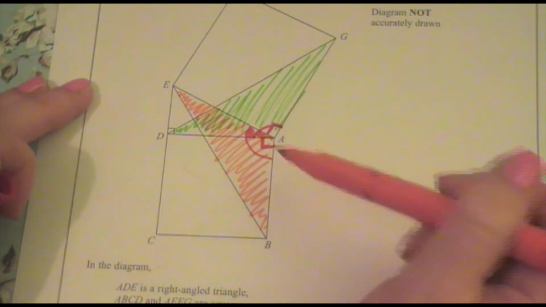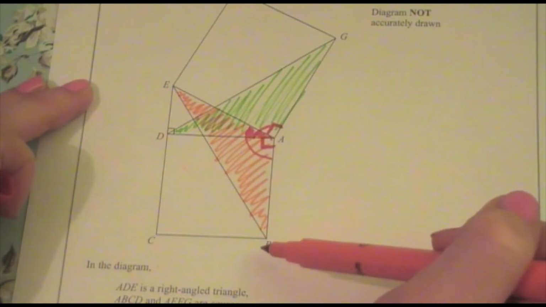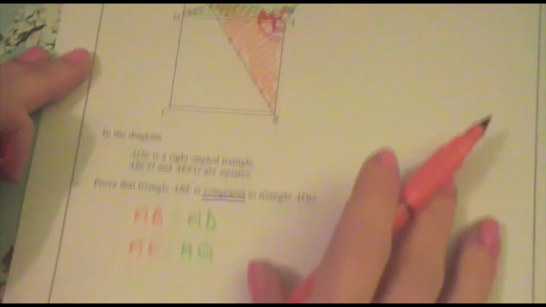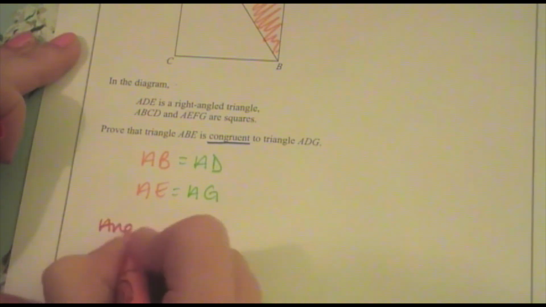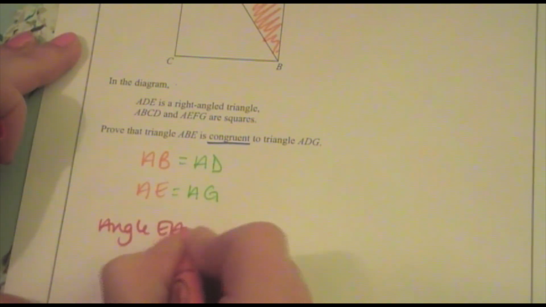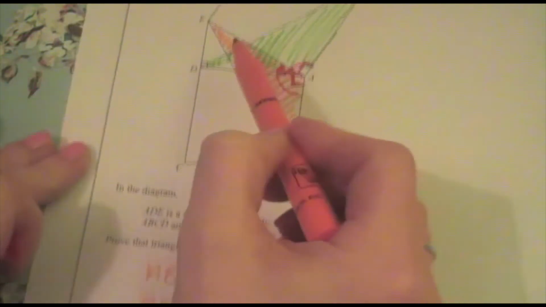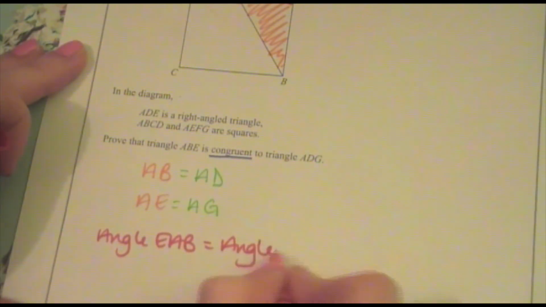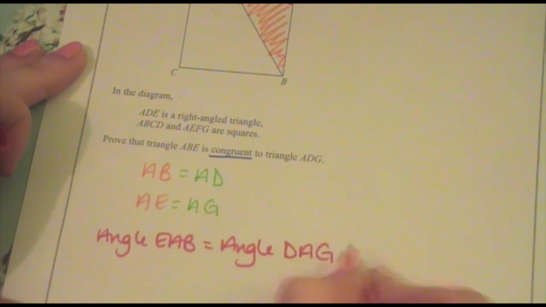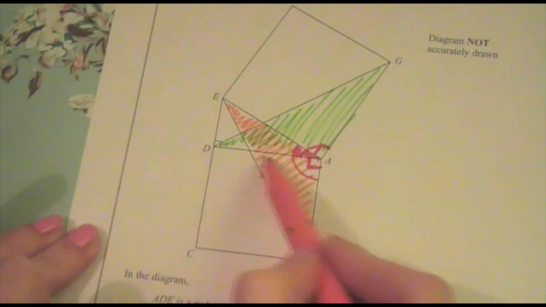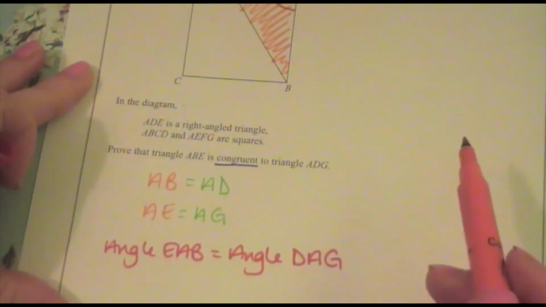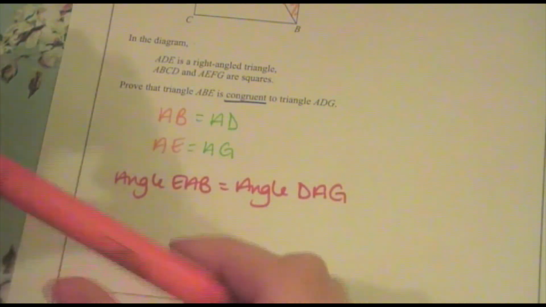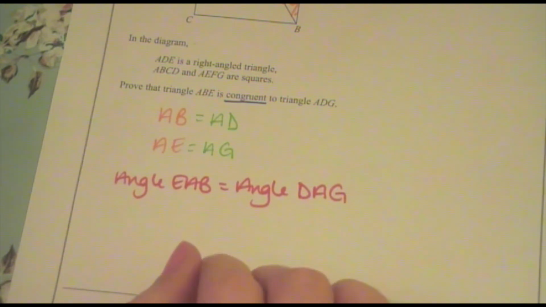So the angle EAB is actually the same as the angle DAG. EAB, this one here, is the same as angle DAG, which is this one here. So I've proved that they've got two lengths that are the same and an angle in between those lengths, which is also the same.